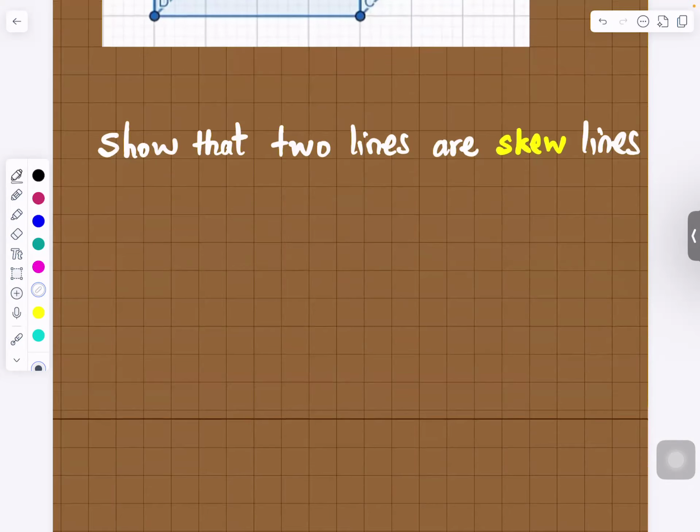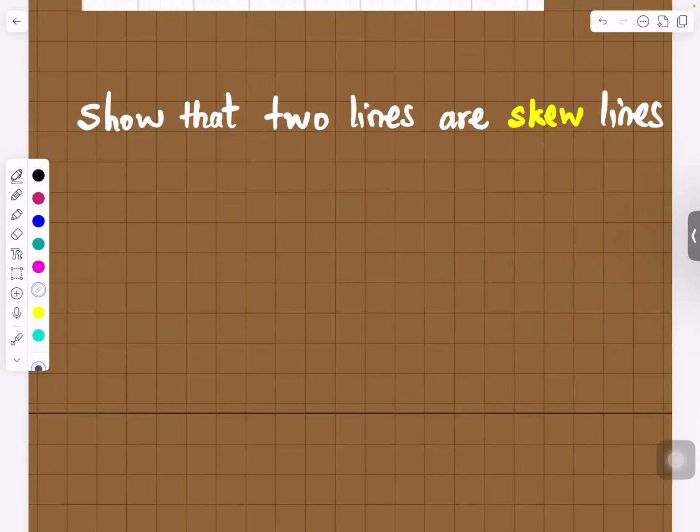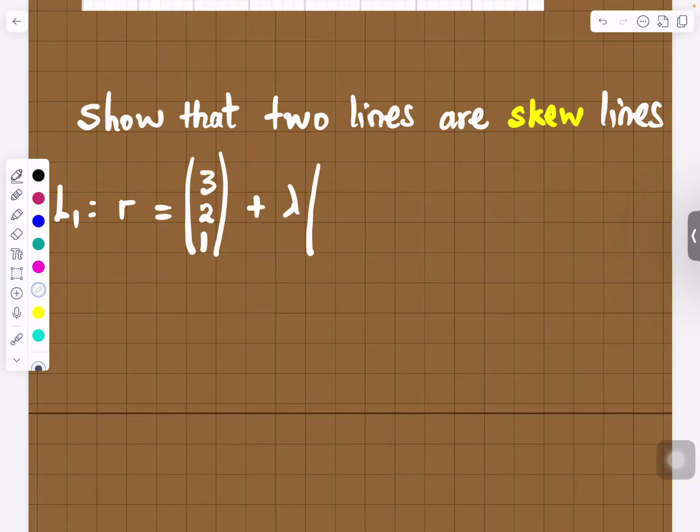So I'll write down the equation of the two lines. Line 1, call it L1, L2. So L1, you can write the equation as r equals (3, 2, 1) plus lambda (3, 1, 1). We put it in column vector form because it makes it easier to do the question.